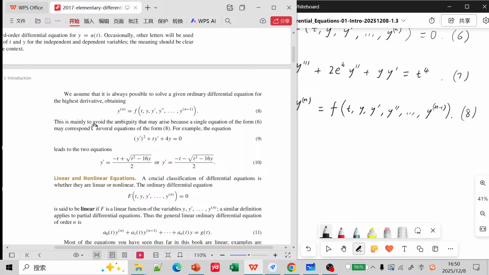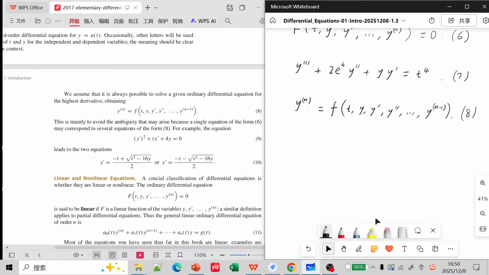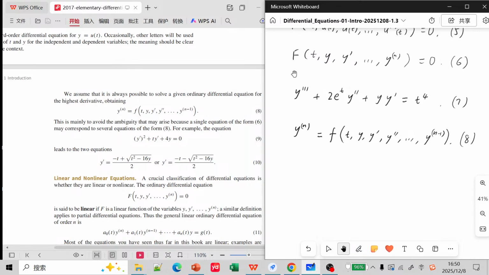This is mainly to avoid the ambiguity that may arise because a single equation of the form 6 may correspond to several equations of the form 8.